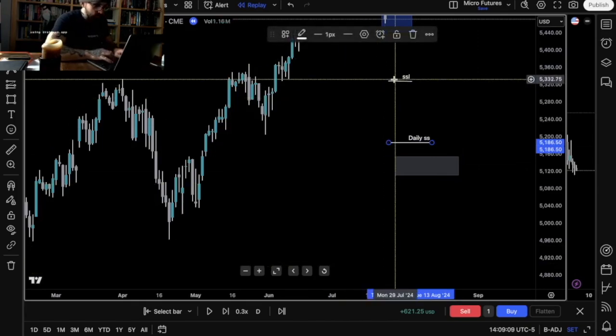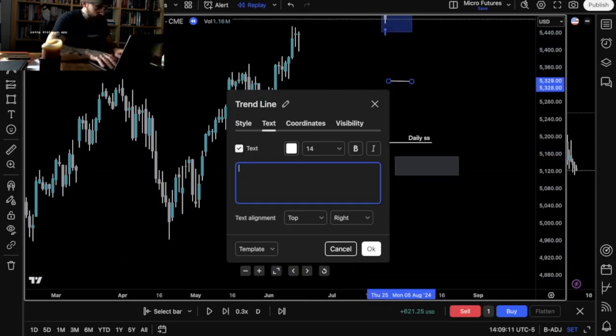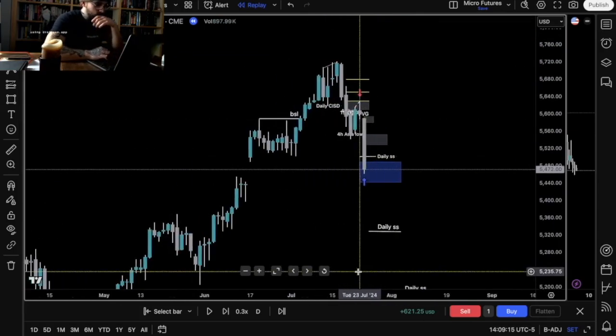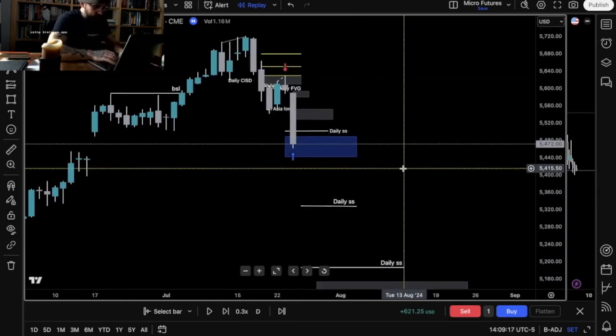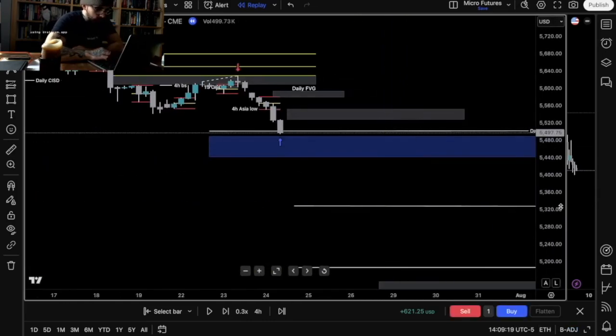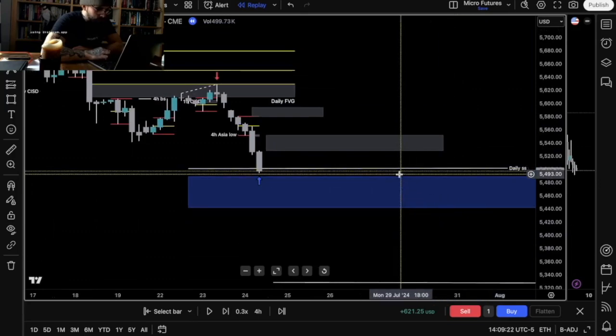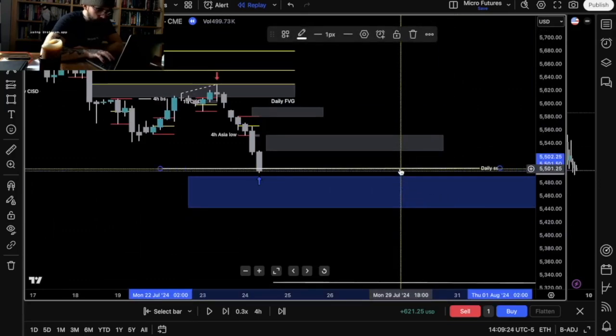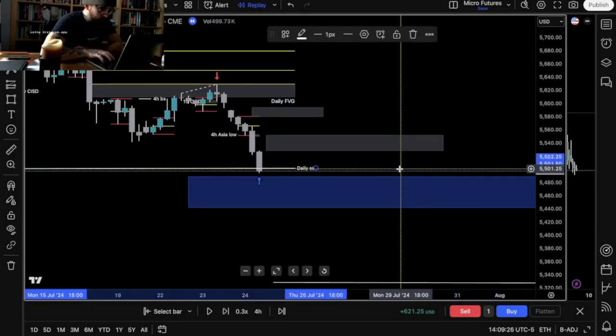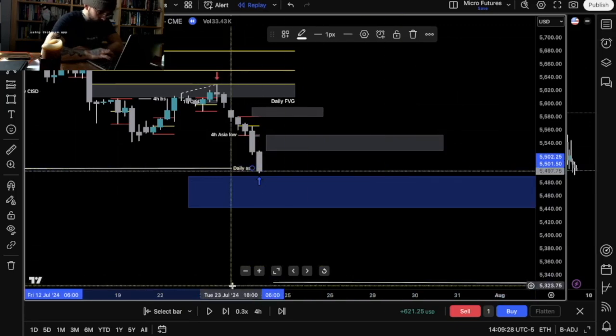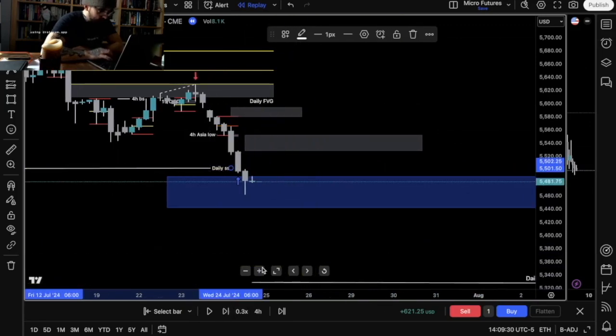Daily sell side. Okay. Sweet. So now that we got those levels, we can go back to the 4-hour and just cook. Move you out of the way now. Okay, let's get into it.